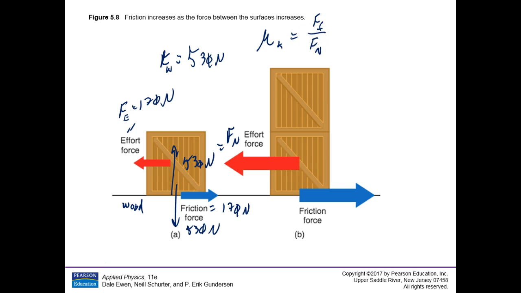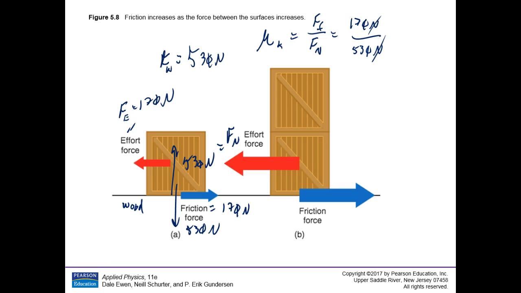I've already erased it so you can't see it, but this will be 170 newtons divided by 530 newtons. And notice the units cancel out, which means your coefficient of kinetic friction here is a dimensionless quantity. There are no units with it. So don't put any units, okay?